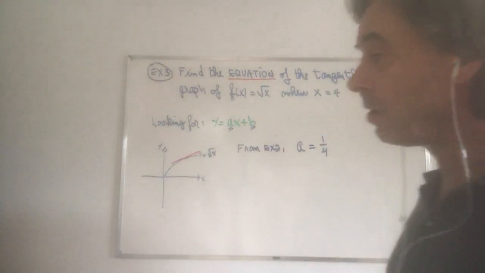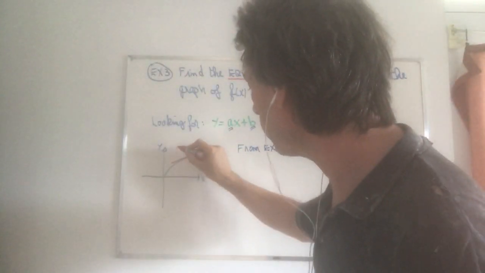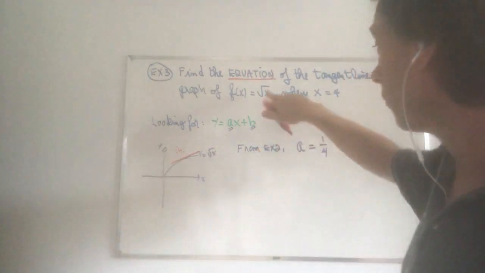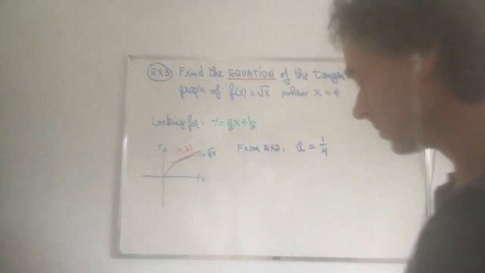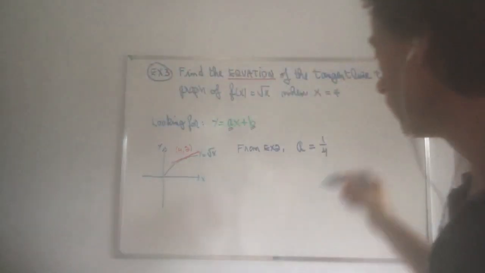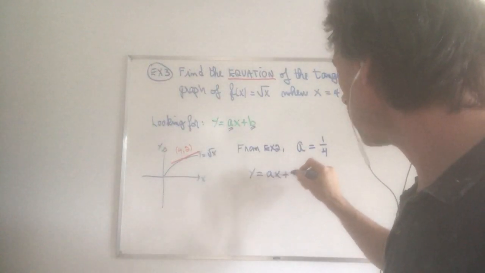So because we know that this point right here on the graph is the point 4, remember what it was? Yeah, you put it in. Root of 4 is 2. That's the y value when x is 4. So because we know this, it's a piece of cake actually to just figure this out, because y is equal to ax plus b.